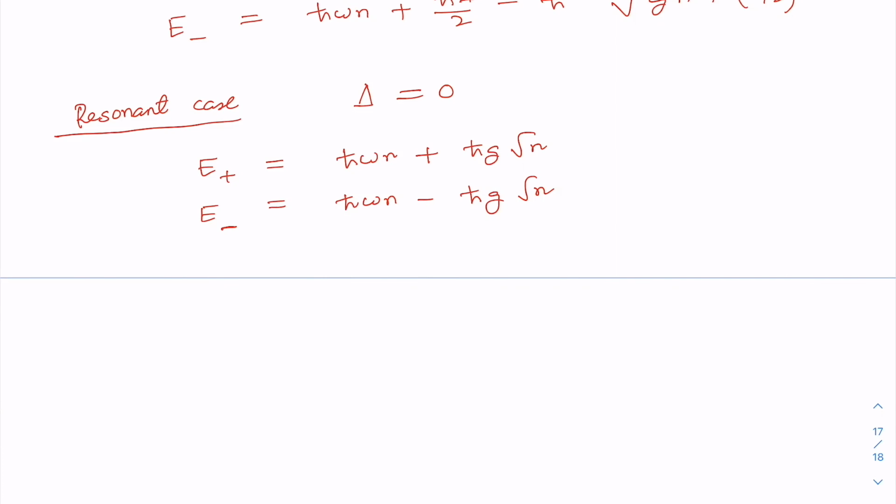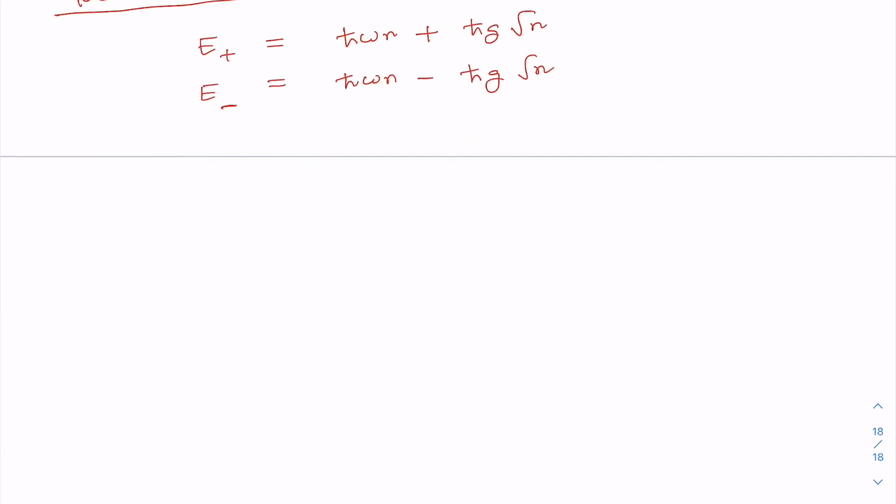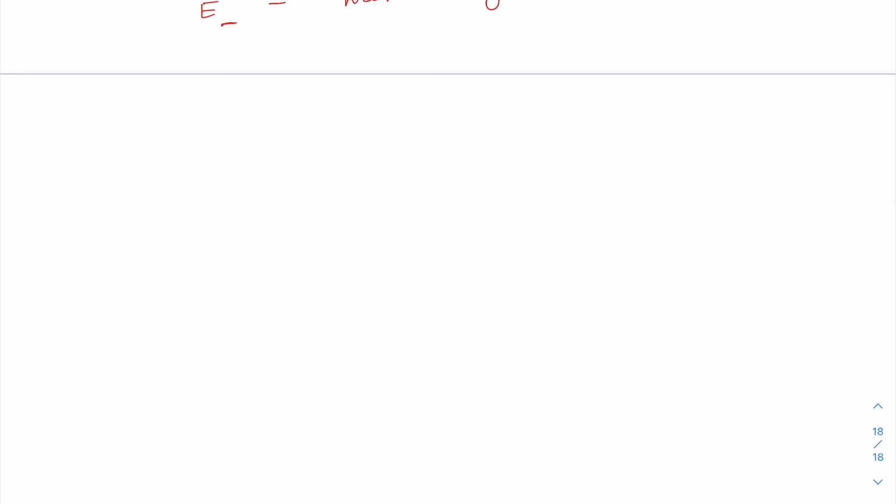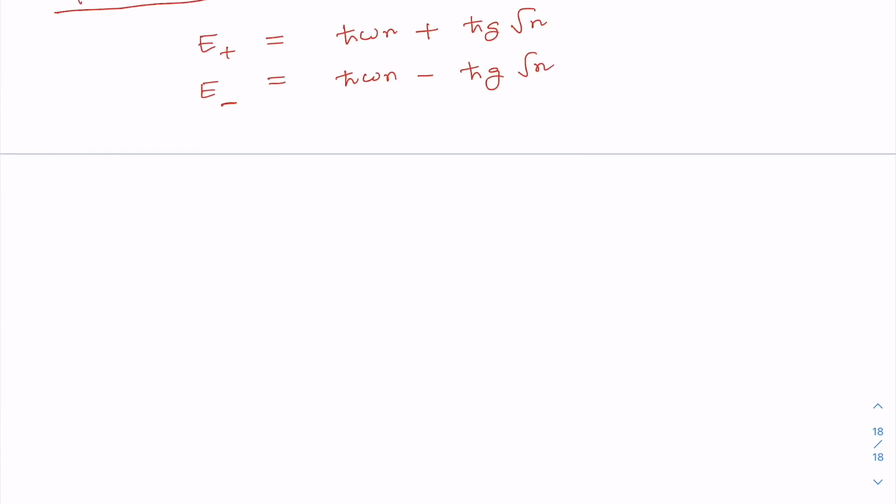Let us understand it from the energy level diagram for this system. We have the atom in the ground state with no photons in the field mode, so this is our ground state. Then we have the atom in the ground state with 1 photon, the atom in the ground state with 2 photons.